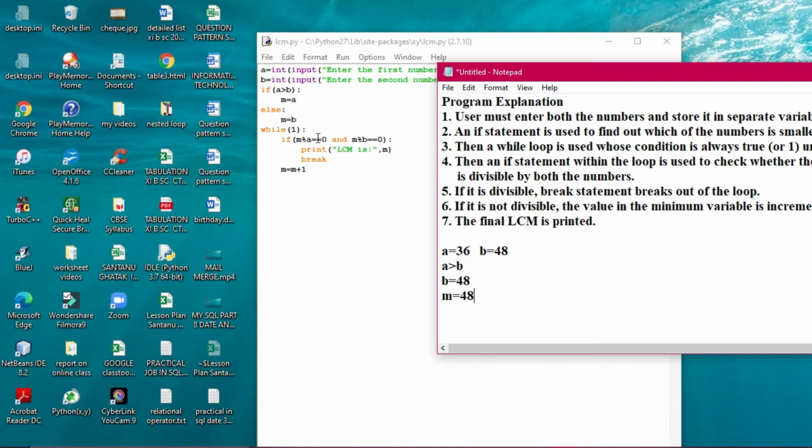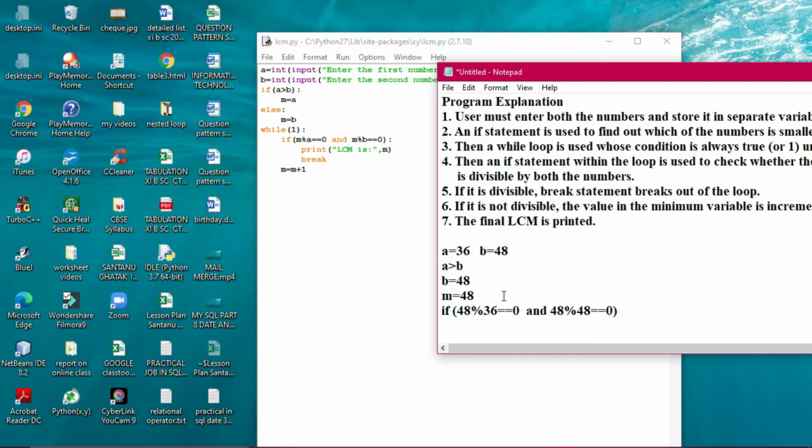Then it will start dividing, first checking whether 48 modulus 36 equals 0 or not, and whether 48 is divisible by 48, that is 48 modulus 48 equals 0 or not. This is the first step, and it will go on.